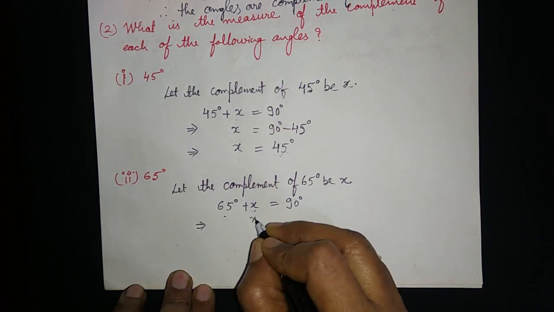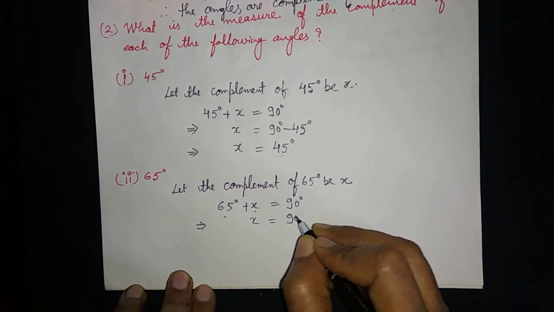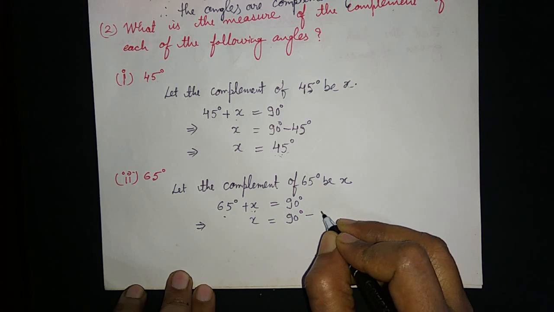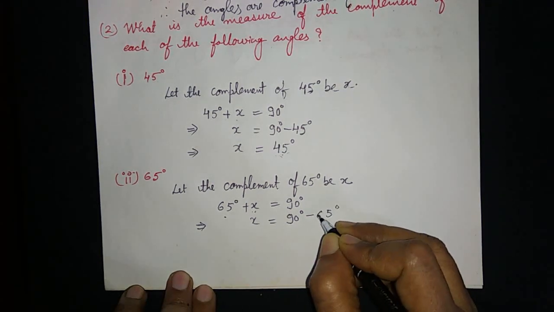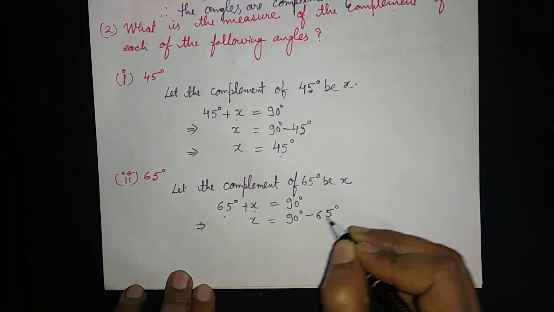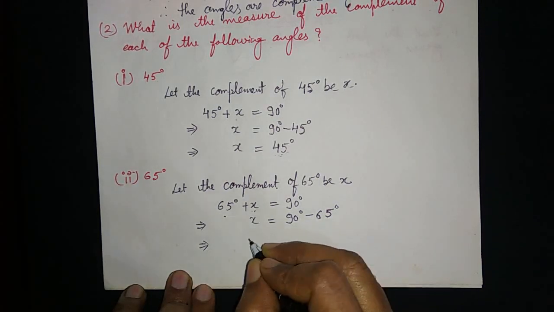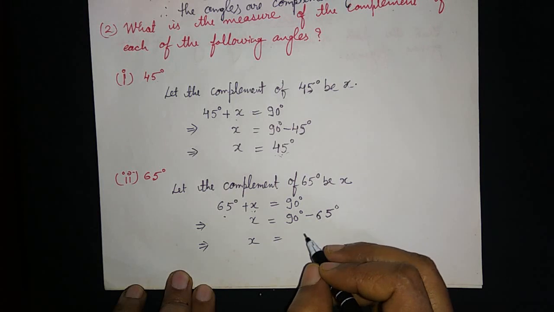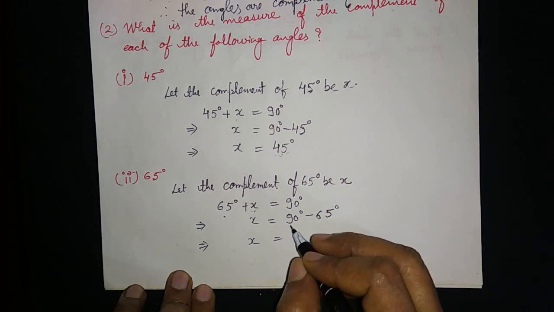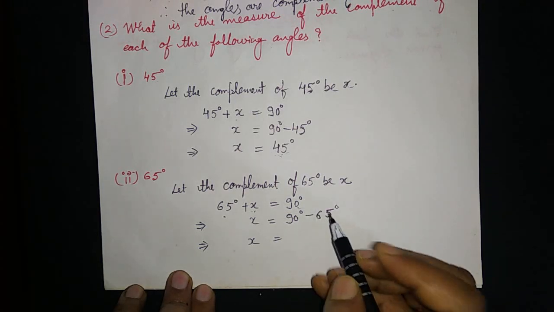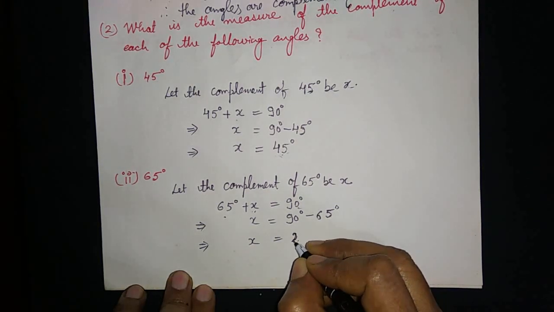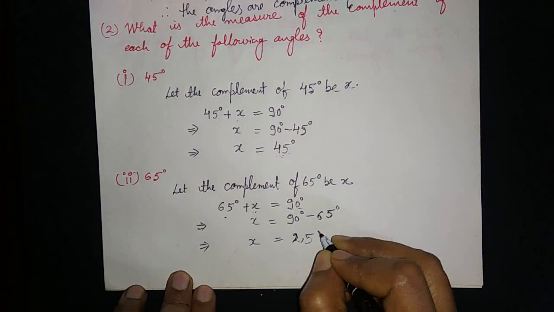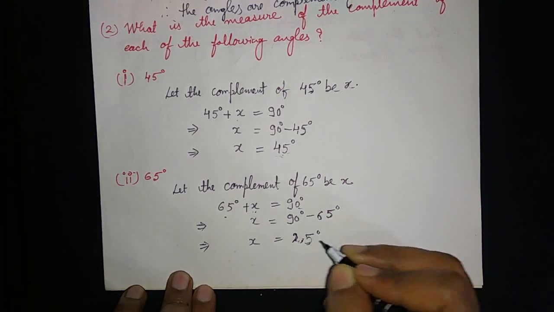Now x is equal to 90 degree minus 65 degree, and the difference will come here, 90 degree minus 65 degree is 25 degree.